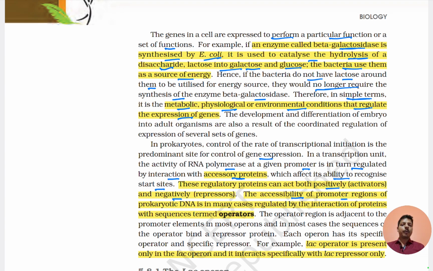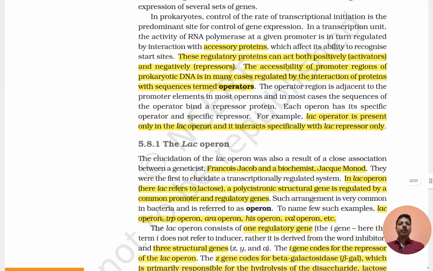The accessibility of the promoter region in prokaryotic DNA is in many cases regulated by the interaction of proteins with a sequence termed the operator. For lactose, the lac operon interacts specifically with the lac repressor only.